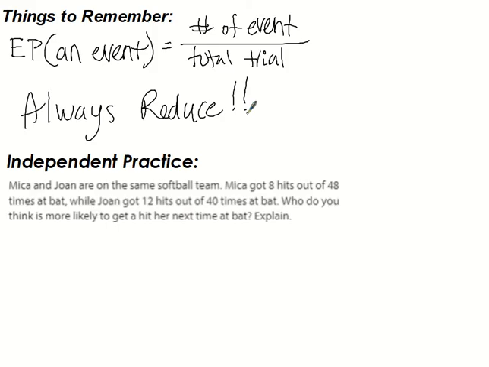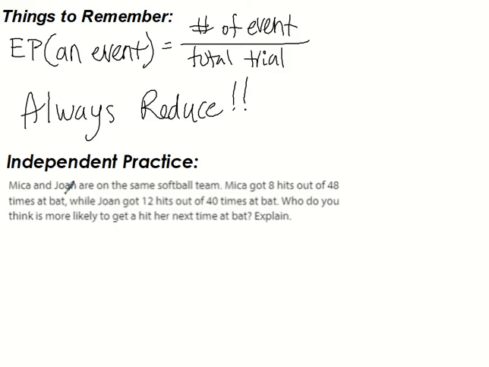So here's your independent practice. We've got Micah and Joan are on the same softball team. Micah got 8 hits out of 48 times at bat, while Joan got 12 hits out of 40 times at bat. Who do you think is more likely to hit her next time at bat? Ooh, a little extra step. You have to compare them.